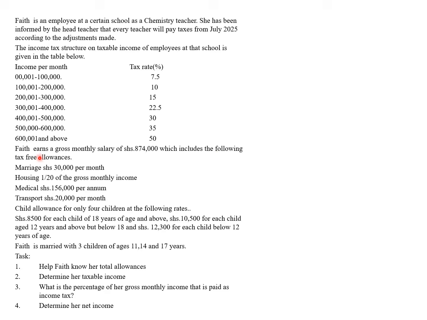the following tax-free allowances: marriage 30,000 shillings per month, housing 1 out of 20 of the gross monthly income, medical 156,000 per annum, transport 2,000 per month, then child allowance for only 4 children at the following rates: 8,500 for each child of 18 years of age and above, then 10,500 for each child aged 12 years and above but below 18, and 12,300 for each child below 12 years of age.